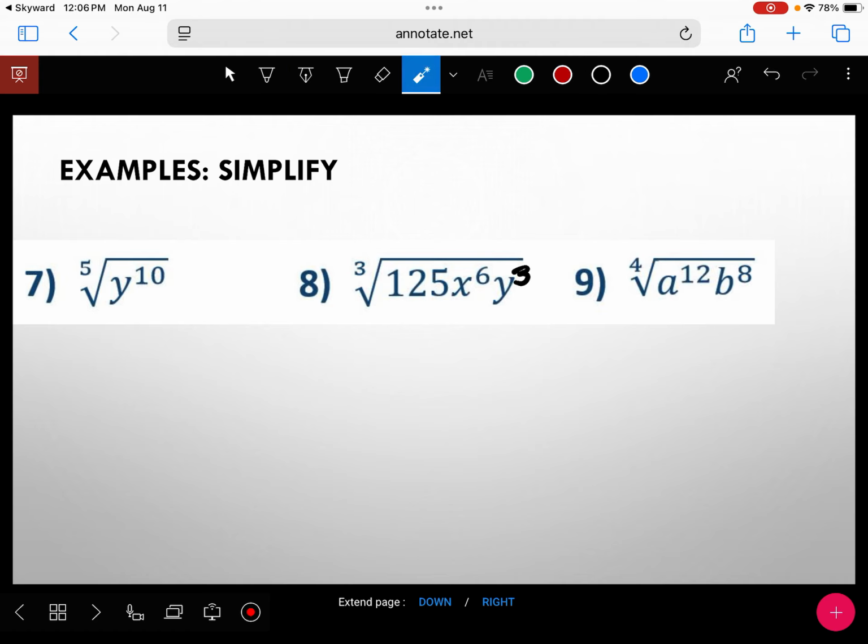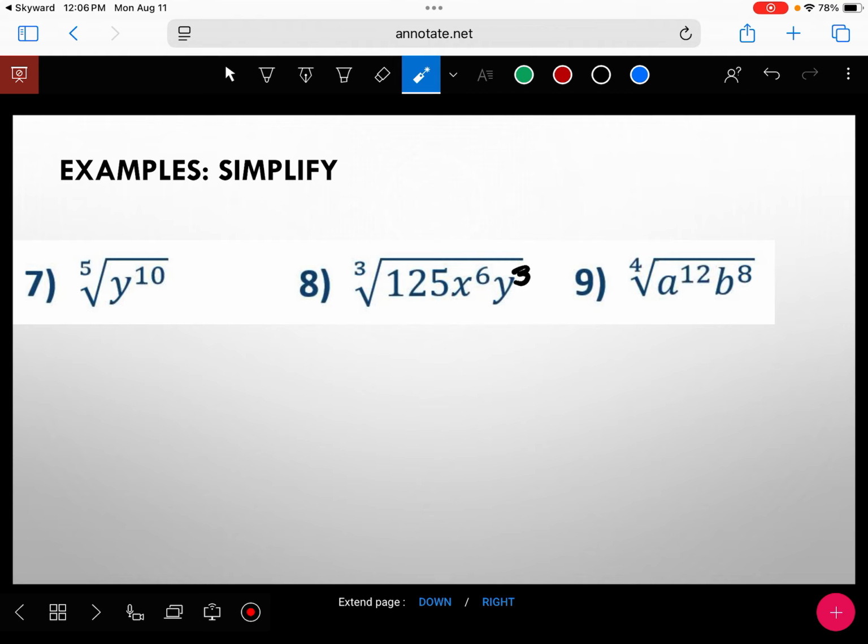So we have different indexes. I have a 5th root, then I have a cube root, and I have a 4th root. So now we're looking at multiple things underneath the radical. Again, I'm not going to write out 10 y's, but if you want to, you can.